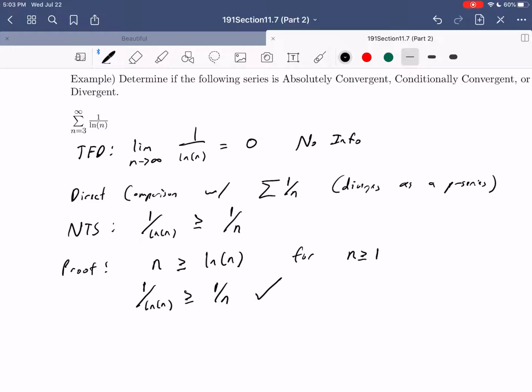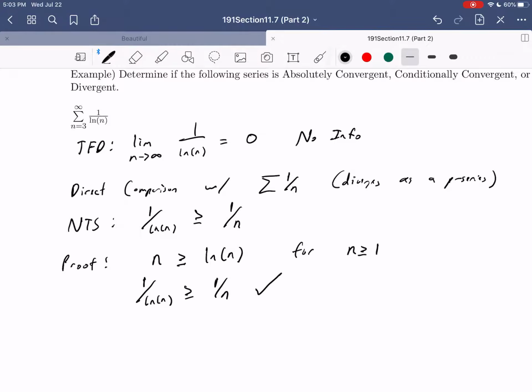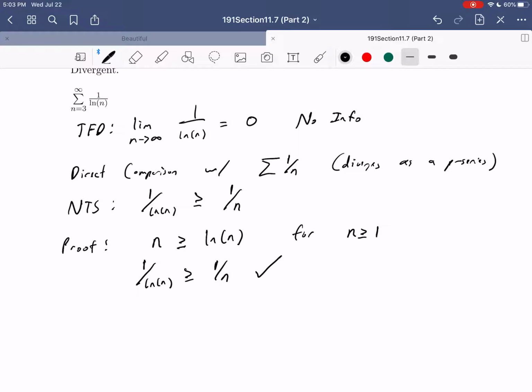Check. So the terms of our series are always larger than the terms of the harmonic series, which we know diverges, so this series diverges. So we can say, by direct comparison test, the sum of 1 over ln of n also diverges.